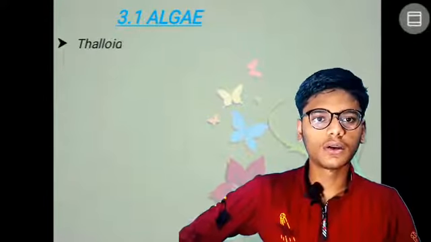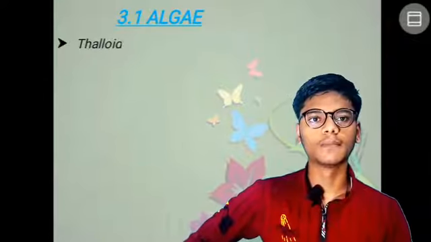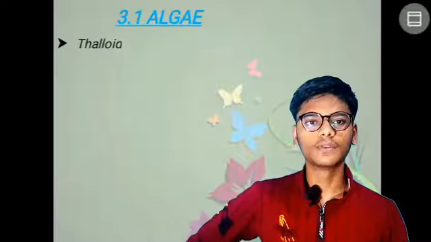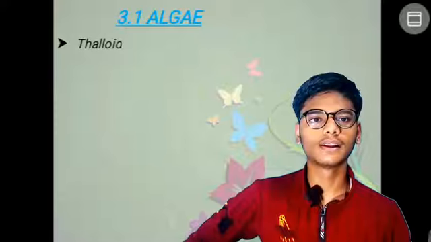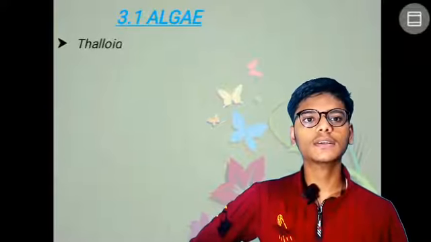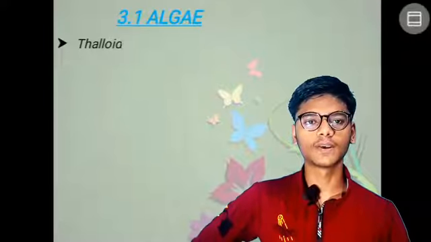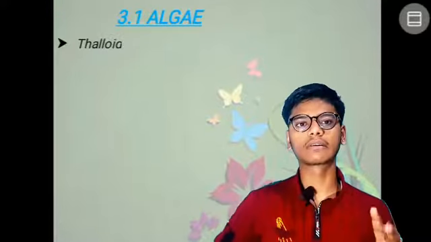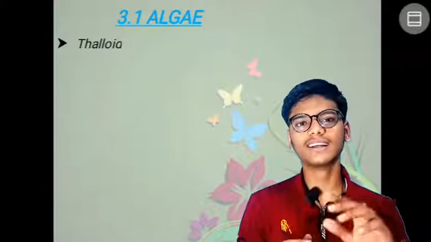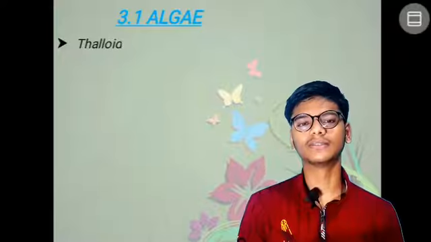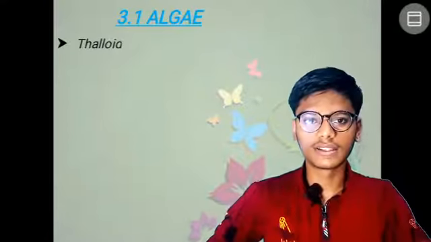Algae are thalloid, means they don't have real root, real stem and real leaf, and we cannot differentiate which is root, which is leaf and which is stem. Everything looks the same. That is the meaning of thalloid.